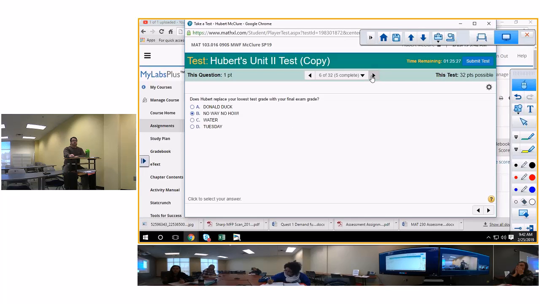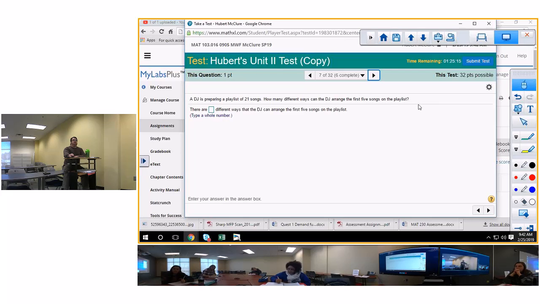No. Nope. A DJ is preparing a playlist of 21 songs. How many different ways can the DJ arrange the first 5 songs in the playlist? 21 combination 5. It does not say any order. It just says 5 songs. Now they're trying to throw you off by putting the word first.